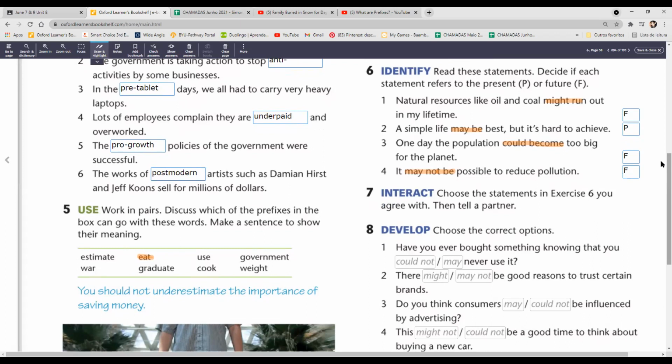Teacher, I don't agree with number 3. Okay. You don't think that one day... One day my teacher said, I don't know what the matter, but my teacher said that the more people have knowledge, the less they want to have children.